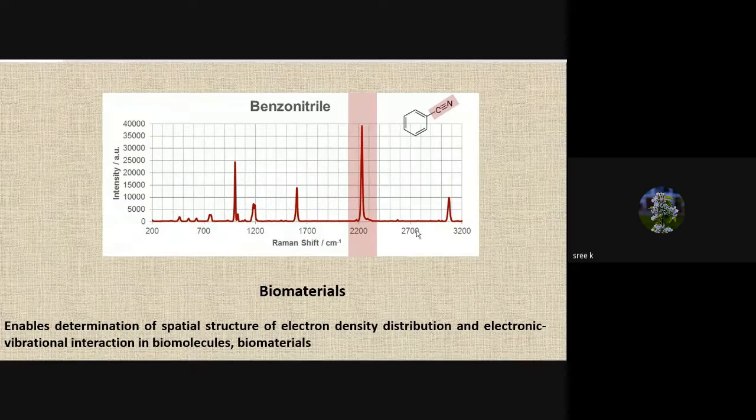So you can get a similar graph, and you can get more information from the Raman shift than from IR spectra, because Raman spectroscopy can be used for many materials.